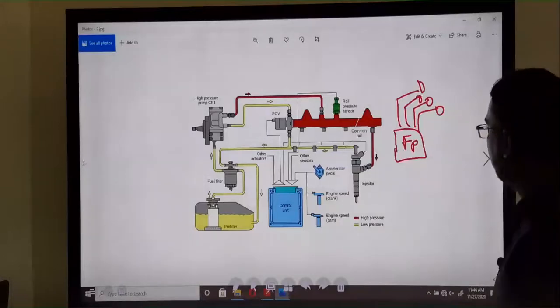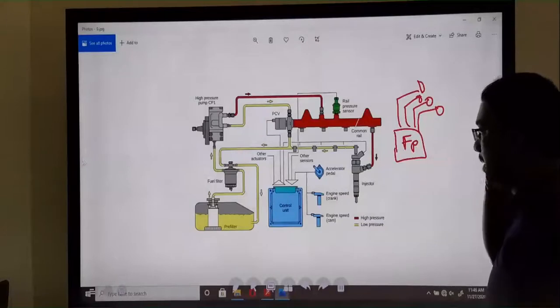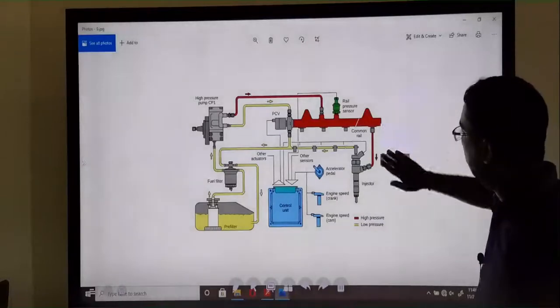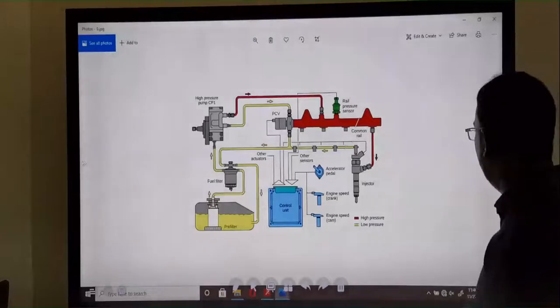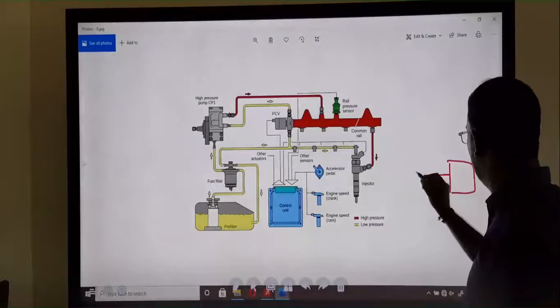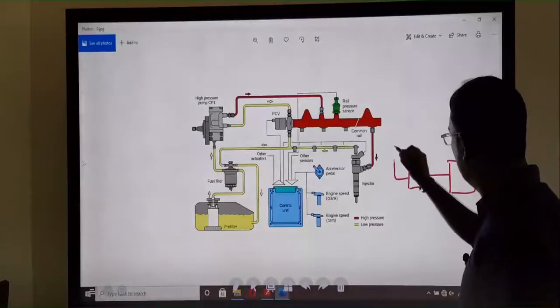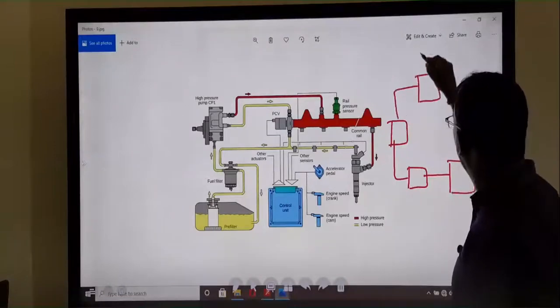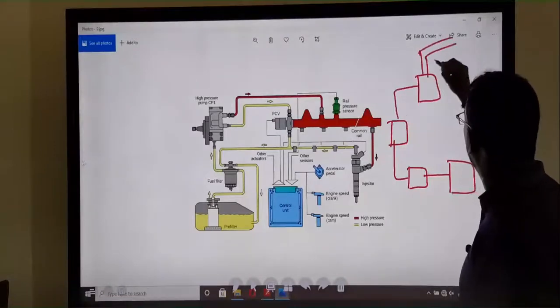Then this type of arrangement, for example: a pump and 4 injectors.